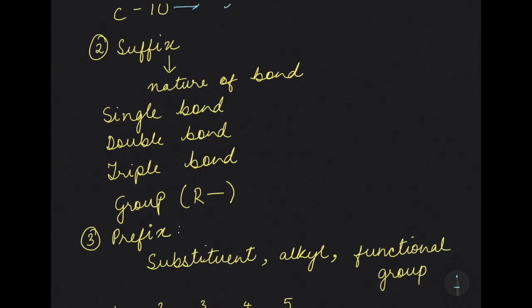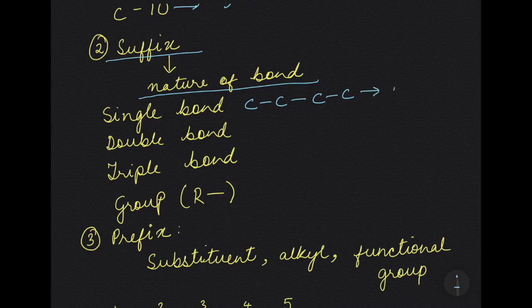That is followed by the suffix. Suffix means the nature of the bond between the carbon atoms. If there is a single bond, then it is ANE. If it has a double bond somewhere, then it is ENE.